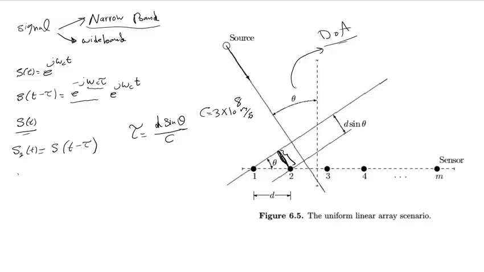So I can write e^{−jω_c d sin θ / c} multiplied by s(t). What about the other sensors? They also have delay with respect to s(t). I can write τ_k equals (k − 1) d sin θ over c.